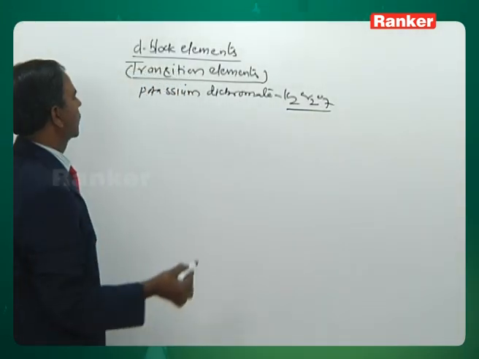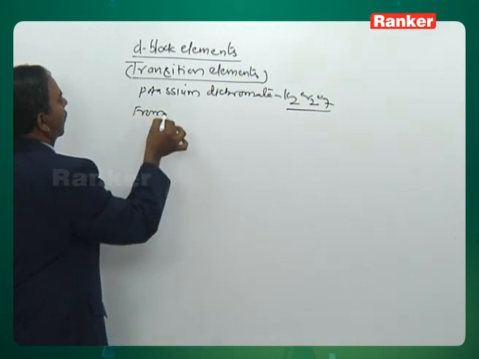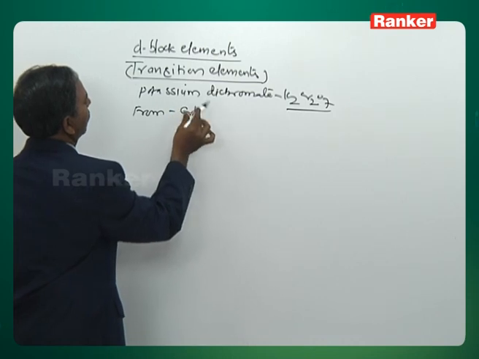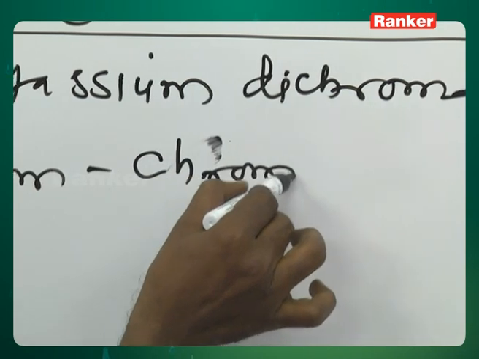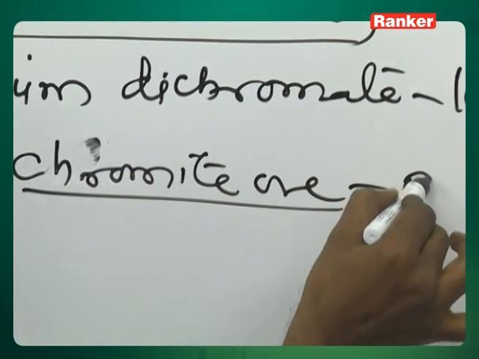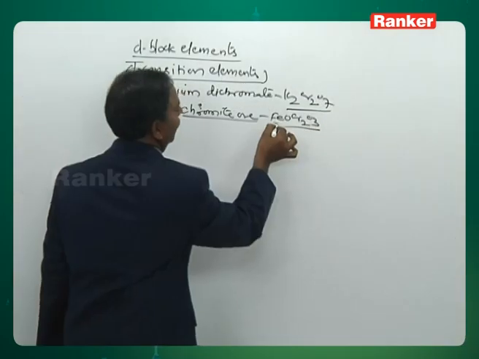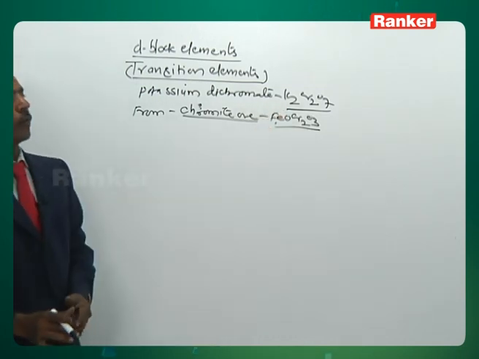Potassium dichromate is generally prepared from chromite, from chromite ore. You know the formula of chromite, FeO.Cr2O3.